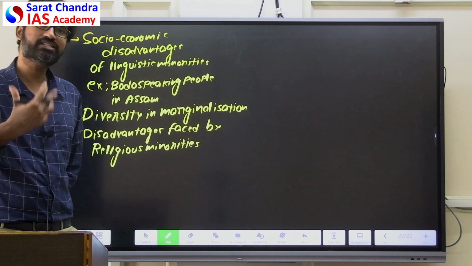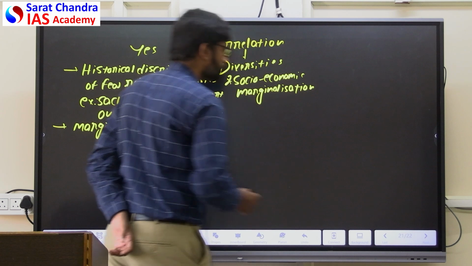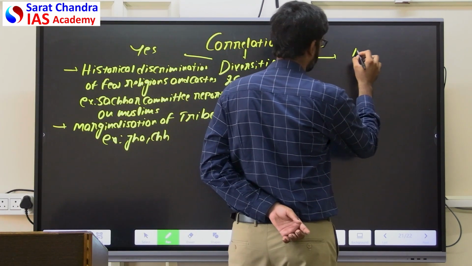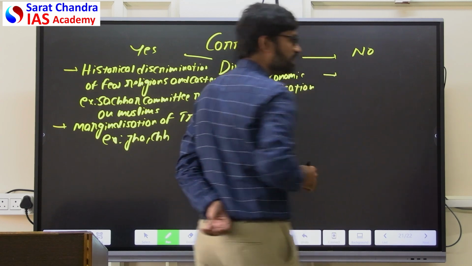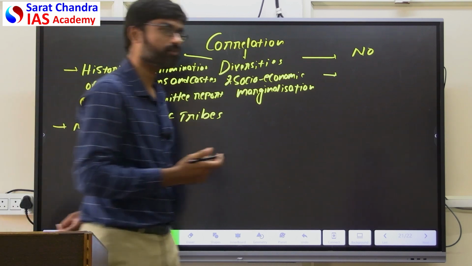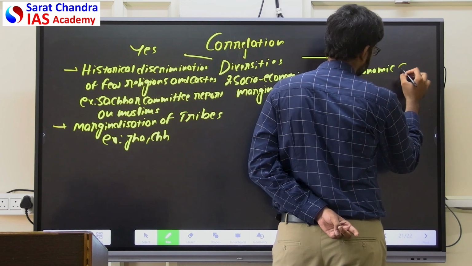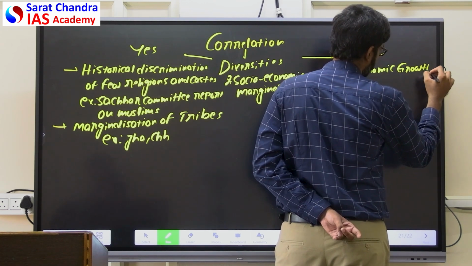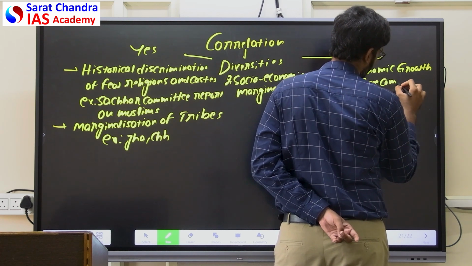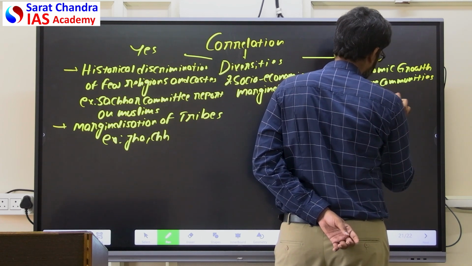Yes, we have quoted some examples, but there is a no also, because they have asked to critically analyze. When it is no, we need to quote the economic growth in some of the marginalized communities. For example, the Parsis.